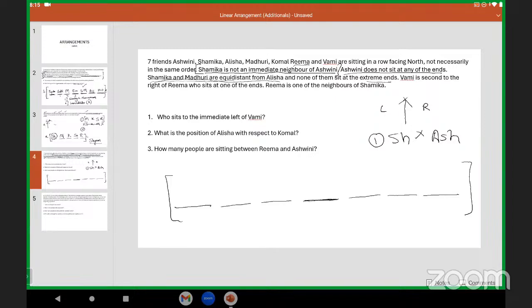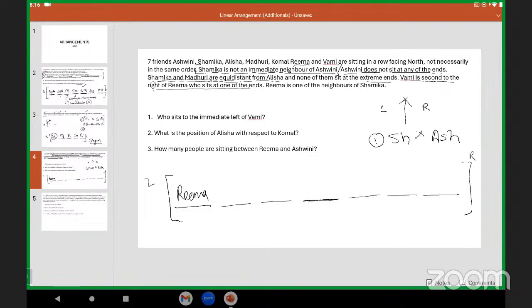Vami is second to the right of Rima, who sits at one of the ends. Okay, so Rima sits over here, and Vami sits second to the right.